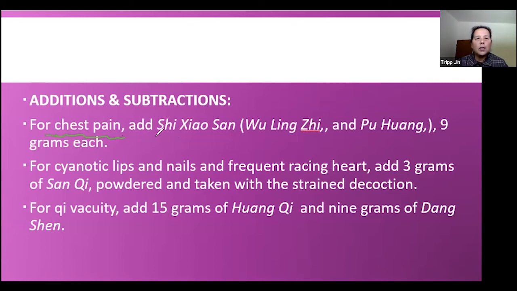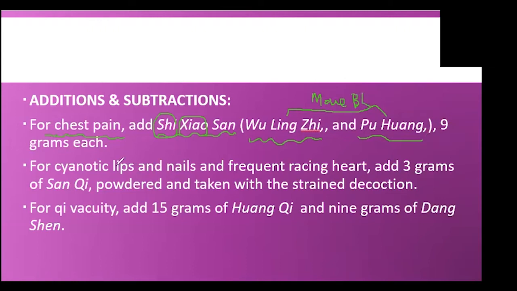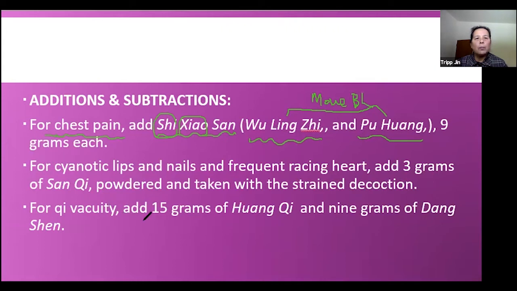For chest pain, we add 失笑散, which is the formula name. 笑 is laughing and 失 is losing; because of pain, the patient can't laugh. It moves blood. 失笑散 has only two ingredients, 五灵脂 and 蒲黄. Both herbs move blood. Together we call it 失笑散, for moving blood and relieving pain.